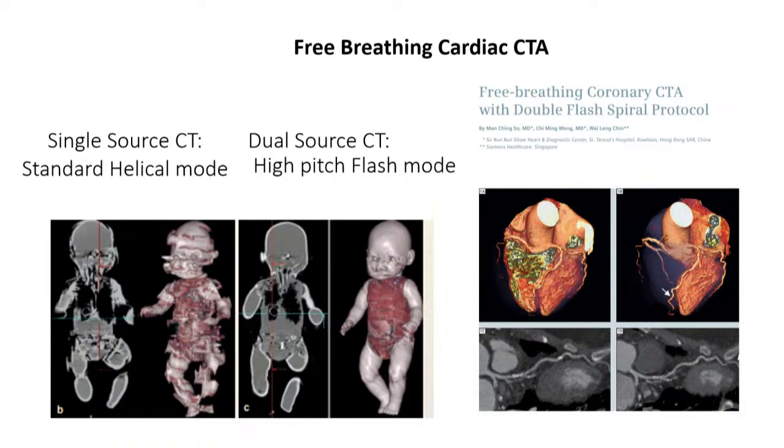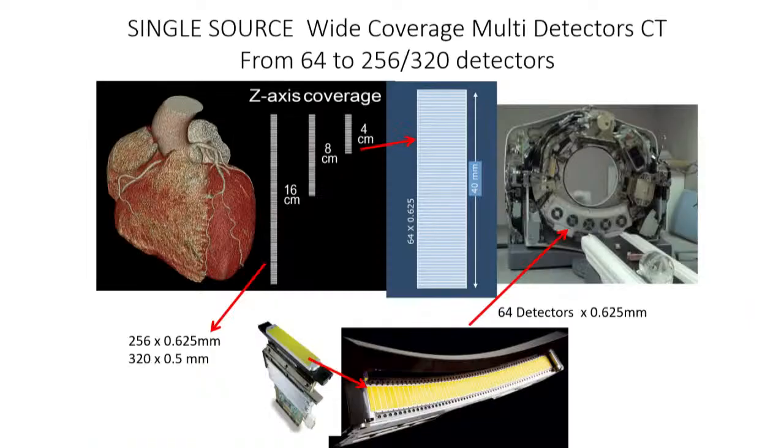Sometimes you just scan the patient because you acquire the image so quickly, you have a good opportunity to land it in the phase of the cardiac cycle where the heart is not moving as much, okay? So this is free breathing coronary CTA with flash technique. Patient in the ventilator, for instance, doesn't follow commands.